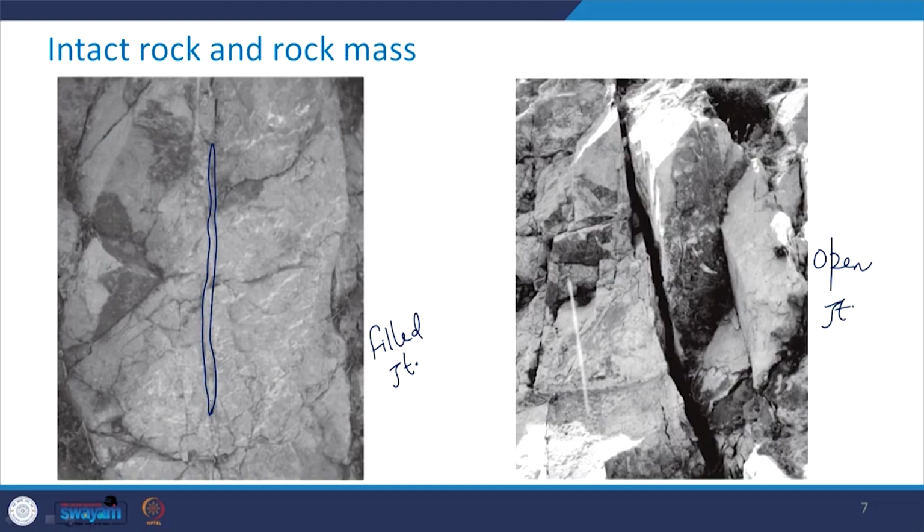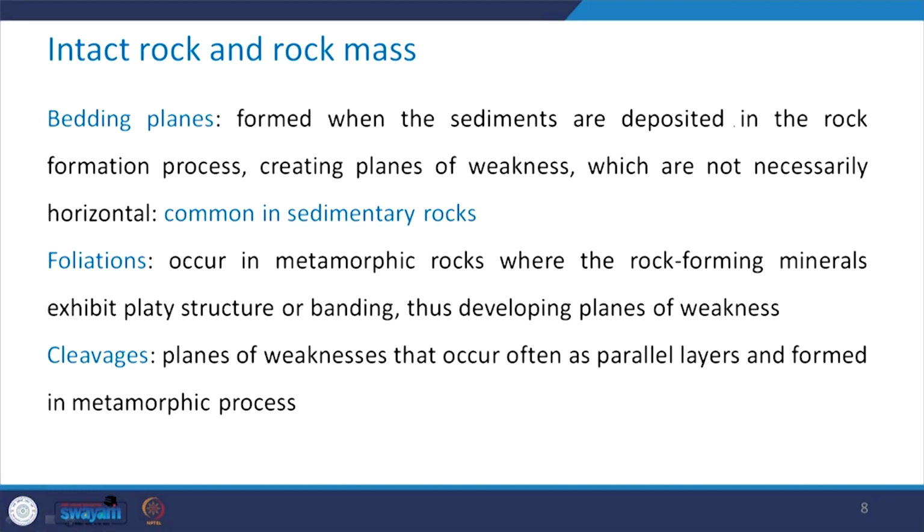However, in this case you can see that this surface and this surface of the joint wall are not in contact with each other. There is a gap between these. So we are saying that it is going to be an open joint. So either condition may exist in the field.